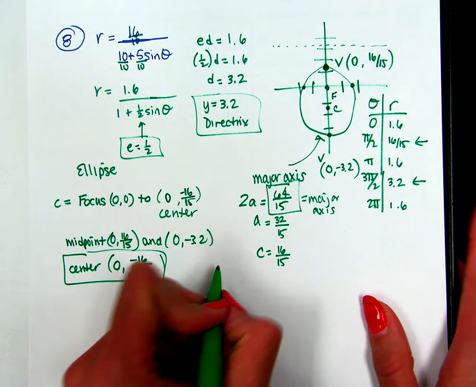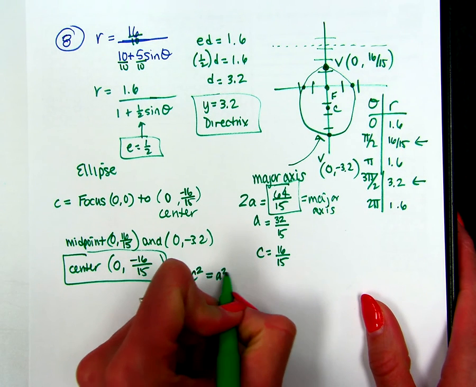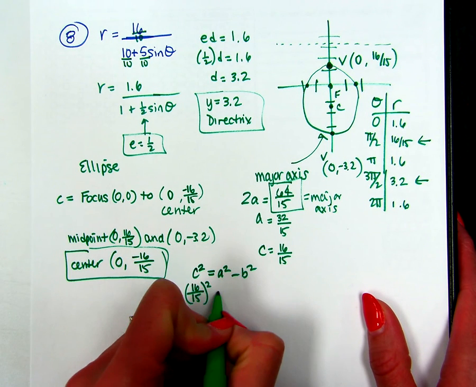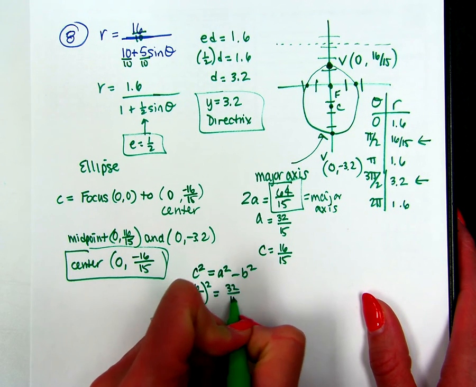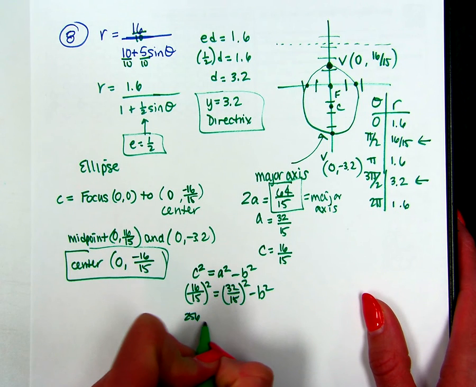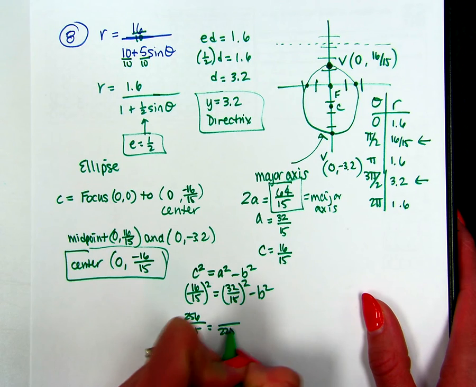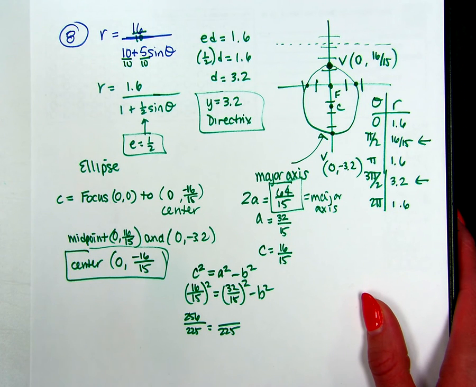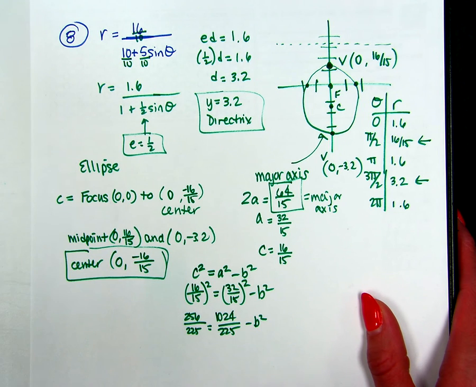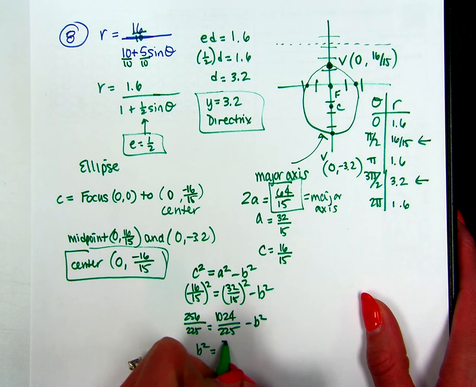All right, so in an ellipse, remember it's c squared equals a squared minus b squared. So we're just going to plug in our numbers. 16/15 squared equals 32/15 squared minus b squared. So we have 256 over 225. 32 squared is 1024. And if I subtract, b squared is equal to 768 over 225.